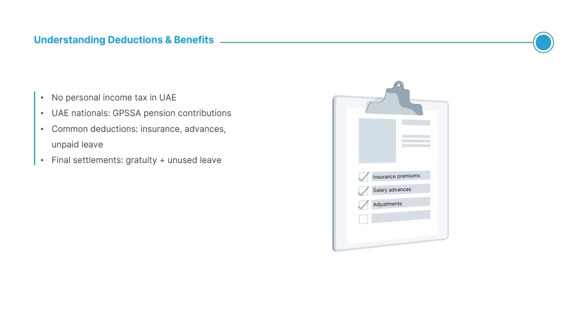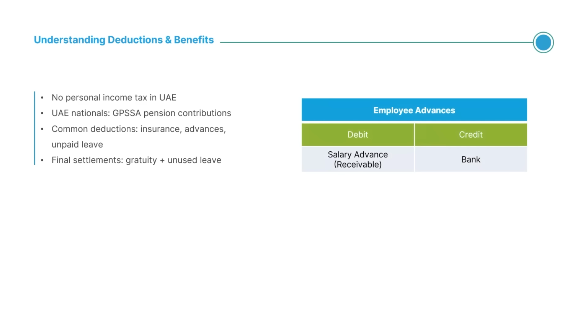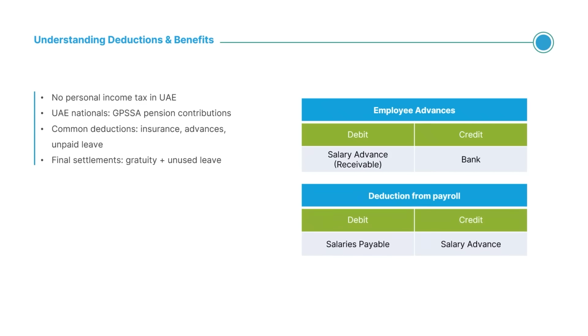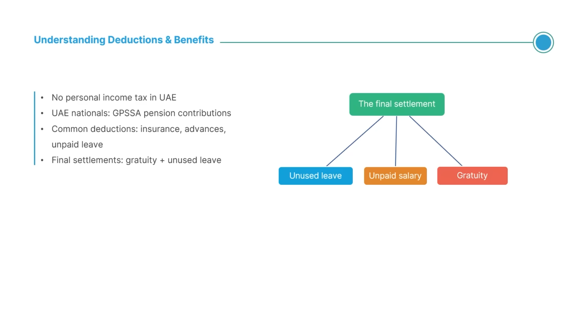For example, if an employee receives an advance of 5,000 dirhams, the entry is debit salary advance receivable, credit bank. When deducted from payroll, the adjustment is debit salaries payable, credit salary advance. At termination, the final settlement must reconcile unpaid salary, unused leave, and gratuity.